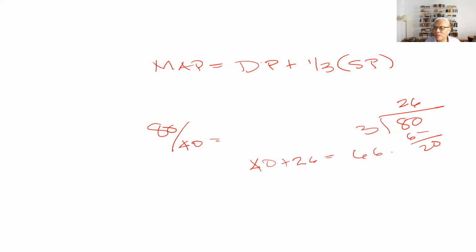Yes. Okay. Good, Lindsay. Very good. It's 66. So in this particular instance, is this good? See, if we're just looking at 80/40, we always think, oh my God, this patient is dying, right?